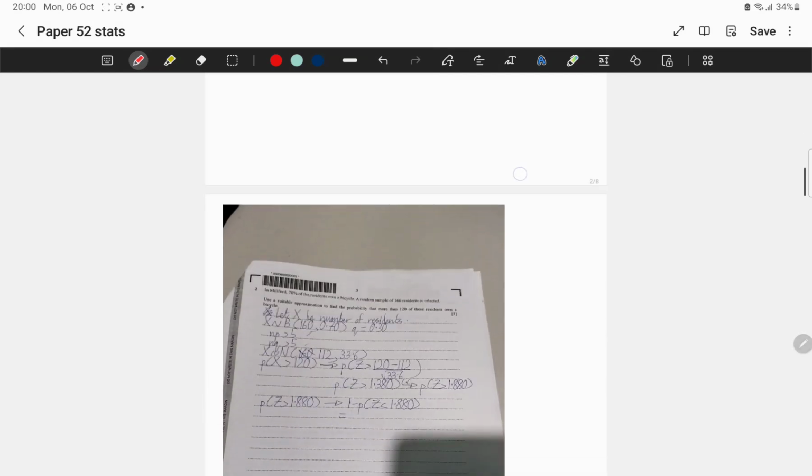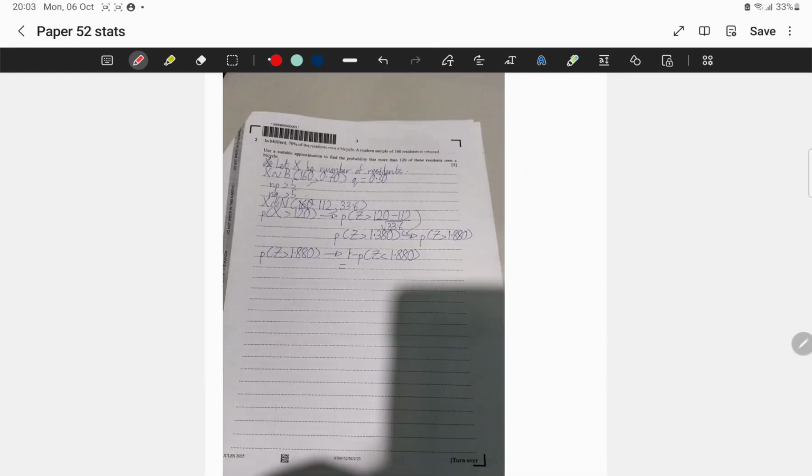For the next question, this is correct. You're going to do an approximation. Your values for your mean and your variance are correct. What is incorrect is your approximation here. Usually, if you're going to do probability X greater than 120, you're taking a binomial and approximating to a normal.